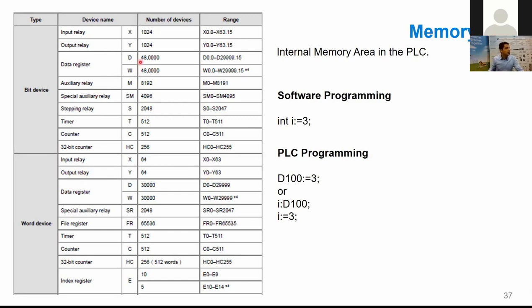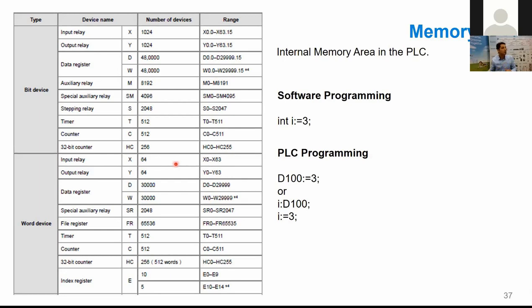In the same principle, we can use the data register. And here you see it can be used as a bit or as a channel. Actually it is the same memory area, it just allows you to control the 16 bits altogether or only 1 bit in a word. So it is quite flexible. This is the specification of the PLC, okay?